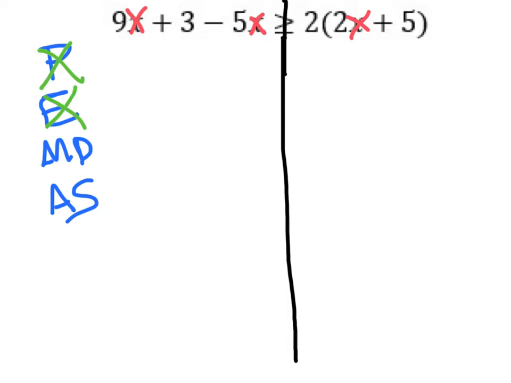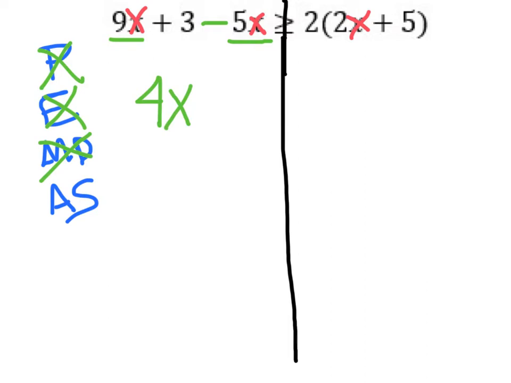No exponents. I don't have any multiply or divide, but I do have some add and subtract with these variables. I can't put them together with the 3 because 3 is a constant and the x is a variable and they don't combine. So I have 9x minus 5x, which is going to leave me 4x.